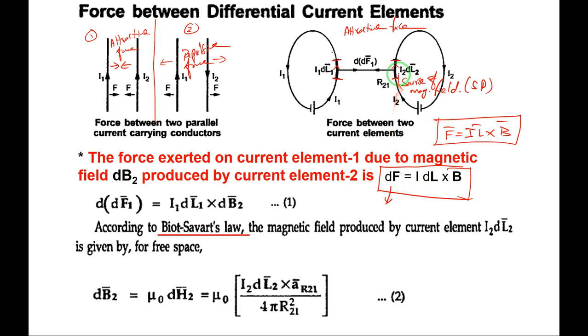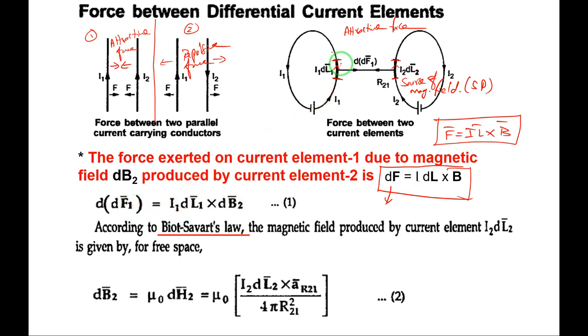So due to this differential element, the differential force that is exerted on current element 1, so instead of F, dF we will write. For F, dF, differential force. So d of dF1, I will come to the notation later. So d of dF is equal to I dL cross dB. I dL cross dB. Why this prefix and suffix, I will tell you.